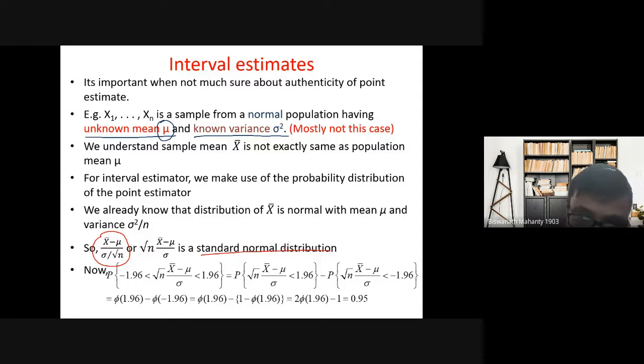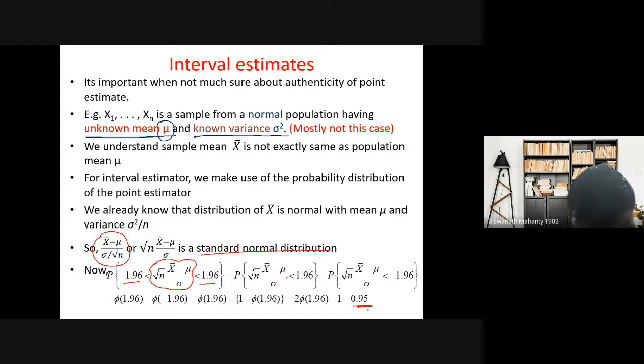I can say that the probability of my Z, this, being in between minus 1.96 and plus 1.96 is 0.95. That is the comment I am making.